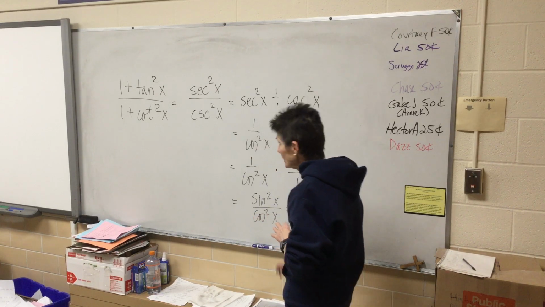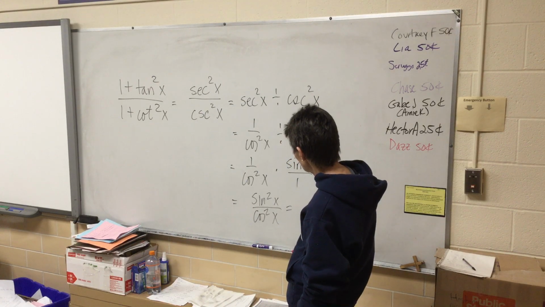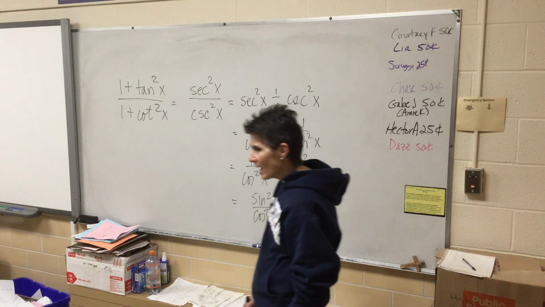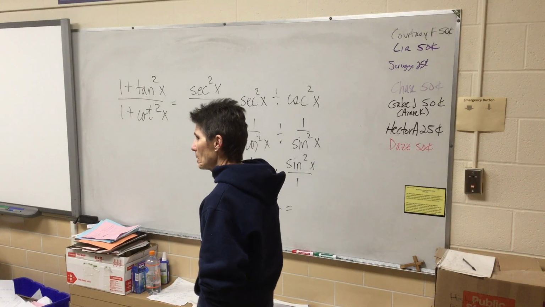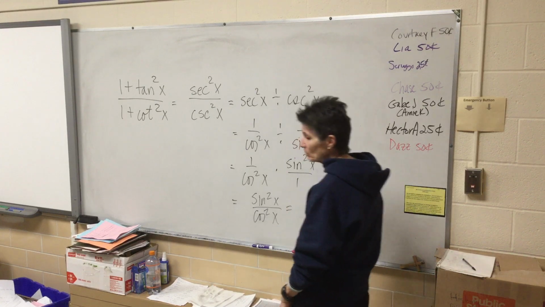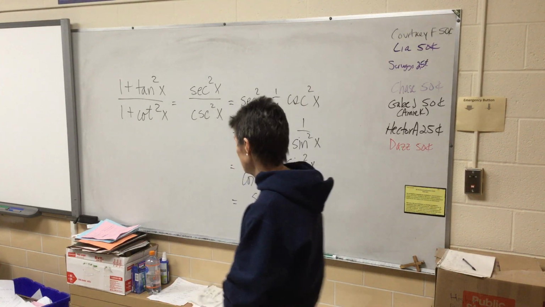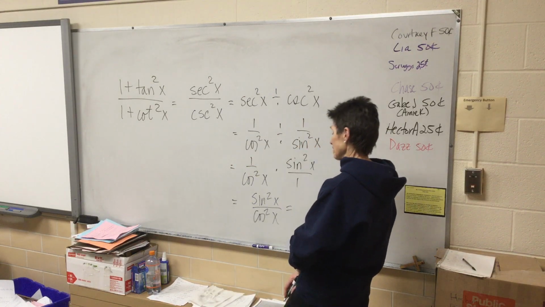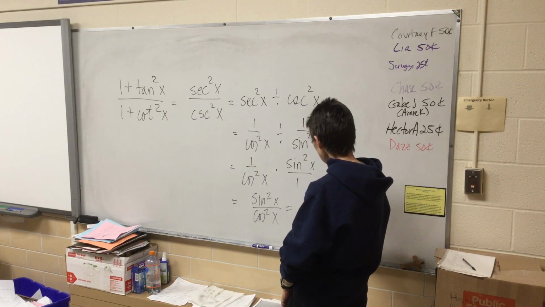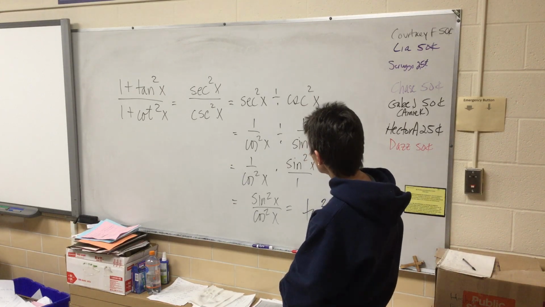Which is what? What is sine over cosine? 1? What? Sine over cosine? Oh, no. If these were added together, it would be 1, but they're not. They're being divided. So what's sine over cosine? Tangent. There we go. And since they're squared, it's going to be squared.